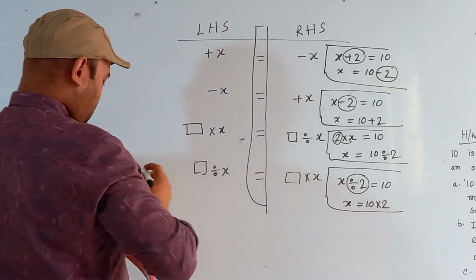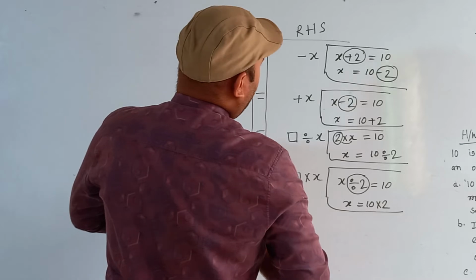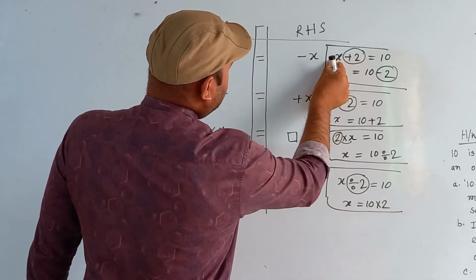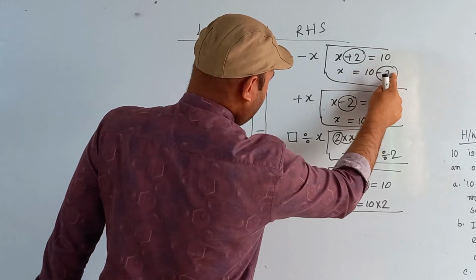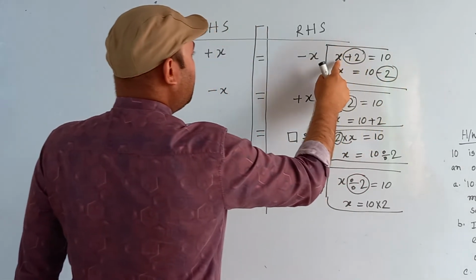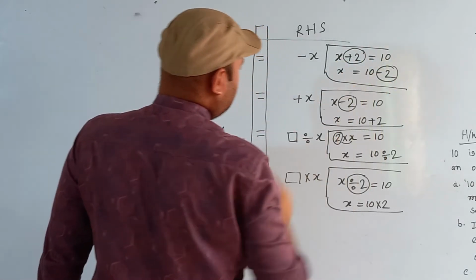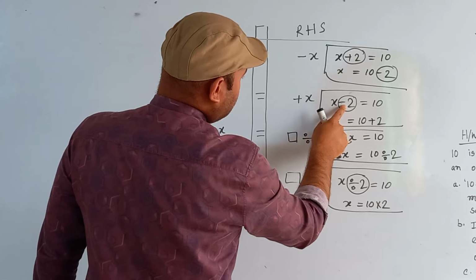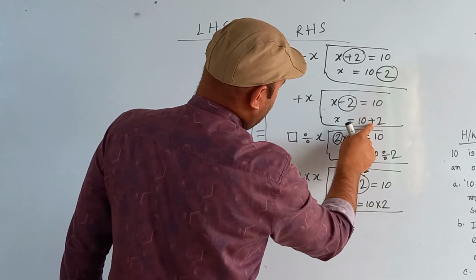So look here, I am repeating again, if I want to take something from the left hand side to the right hand side with a plus sign, after taking it will be a minus sign. In a similar way, if I want to take something from the right hand side to the left hand side, it will be plus to minus or minus to plus. Look here, here is a minus sign and I have transferred it to the right hand side with the sign plus.